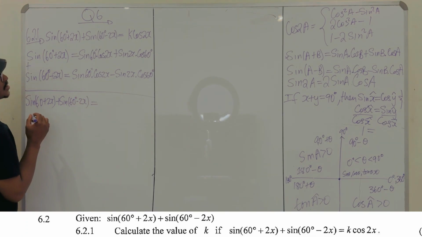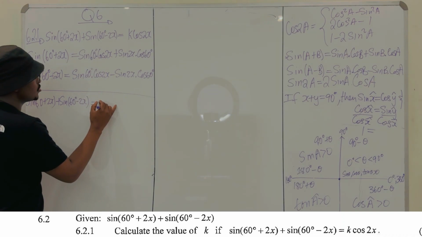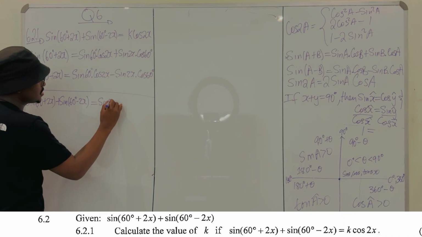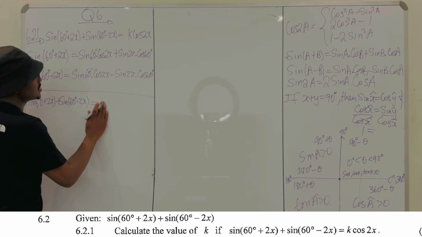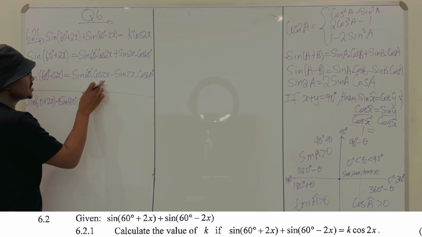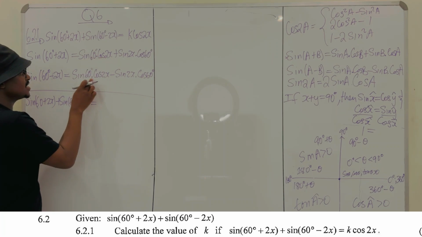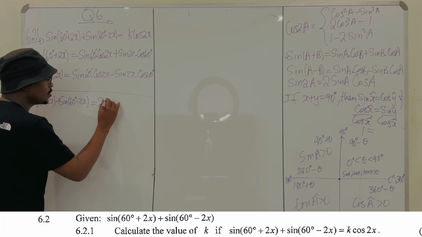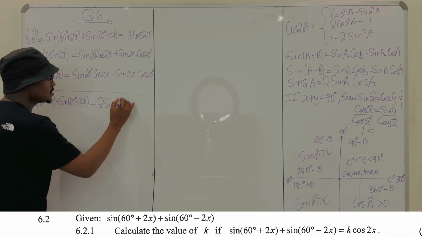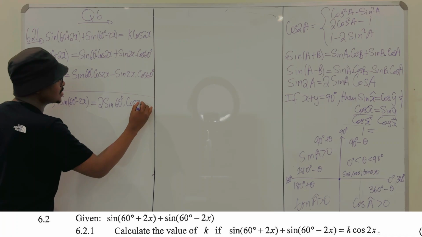The answer will be this plus this, which is sine 60 degrees cos 2x plus sine 60 degrees cos 2x. So there's two of these things, because this and this are the same. So you have 2 sine 60 degrees times cos 2x, right?